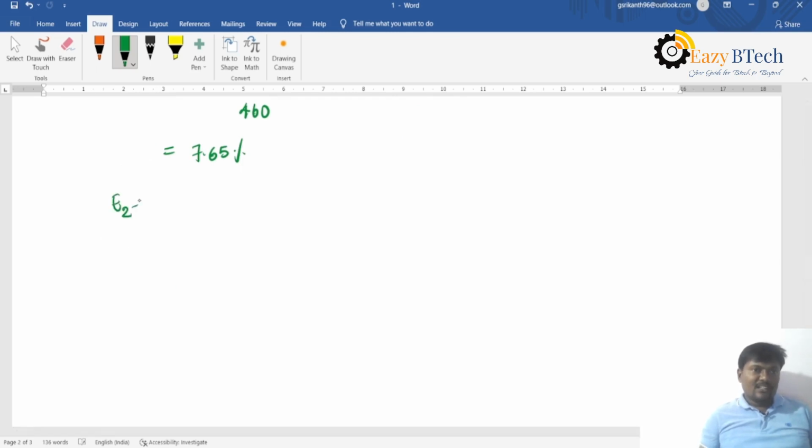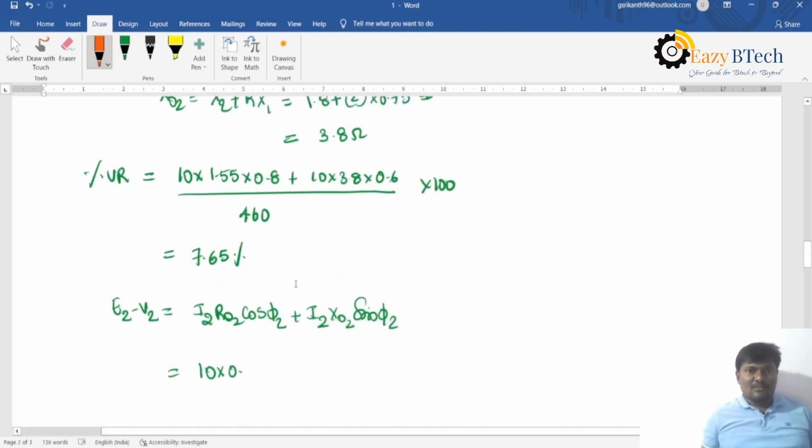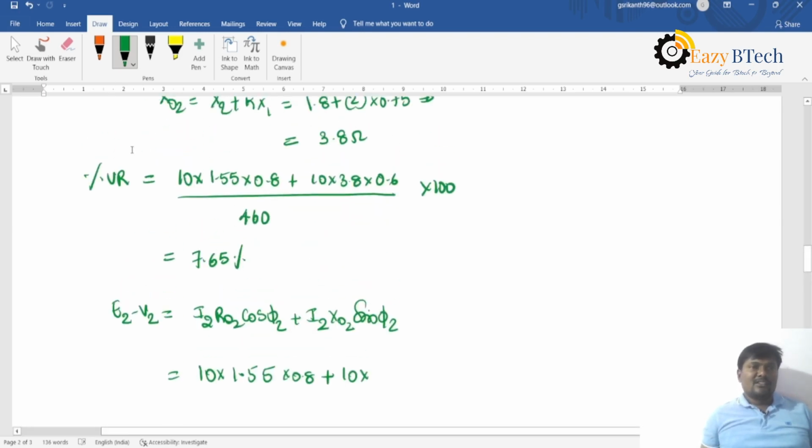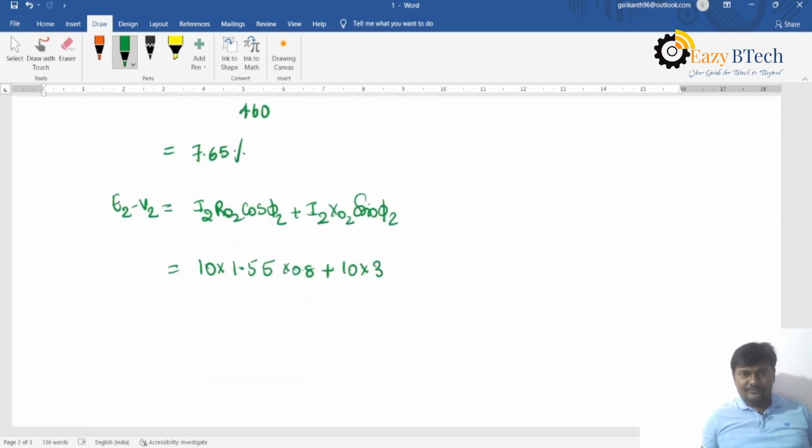He is asking for the terminal voltage. So E2 minus V2 is equal to I2 R02 cos phi 2 plus I2 X02 sin phi 2. I2 is 10, R02 is 1.55, into 0.8, plus 10 into the X02 value 3.8 into 0.6.